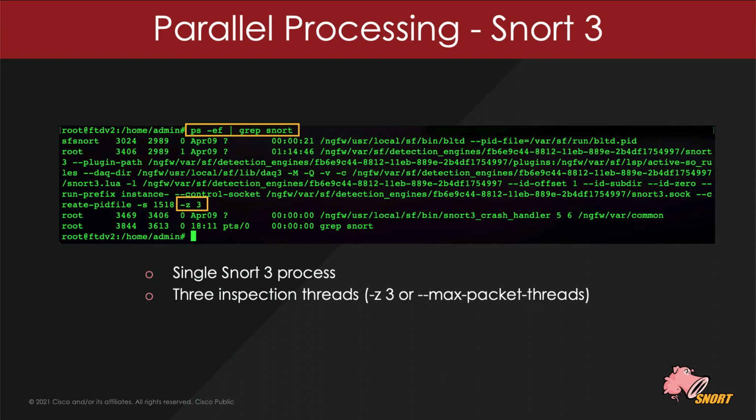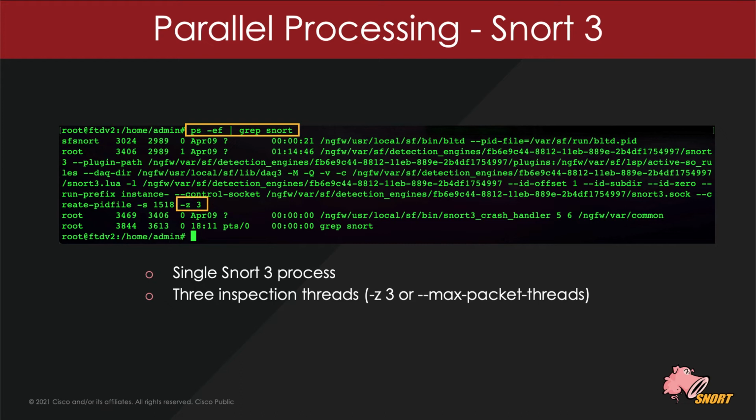Now, keep in mind, this load balancing still load balances the flow across a single packet thread. So there may be one control thread, multiple packet threads, but those multiple packet threads' flows are still load balanced across them the same way they were in Snort 2. So a single flow is still going to go to a single packet thread.